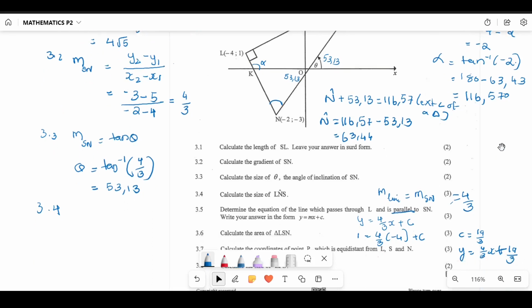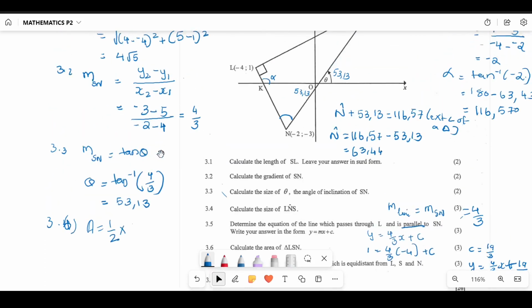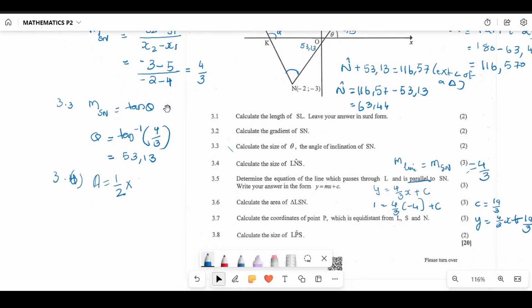So the area is half times LS times LN. Do we have LS?